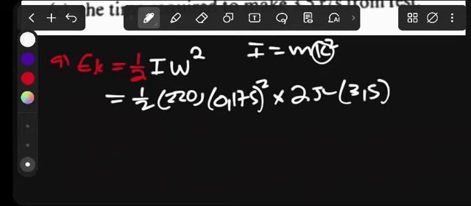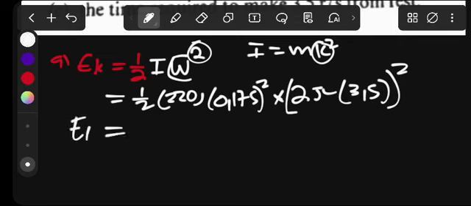But now we're supposed to square all of these, because this is squared there. Square all of that, and this will be EK, which simply equals 1.63 kilojoules.